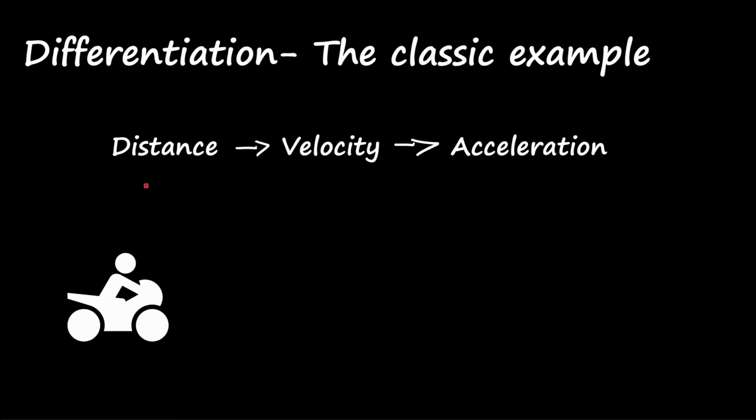Again, we'll go into this in more detail later, but just to illustrate what's going on: you've got distance, measured in meters. Then you have velocity, measured in meters per second. And then you have acceleration, which is measured in meters per second squared, or meters per second per second.